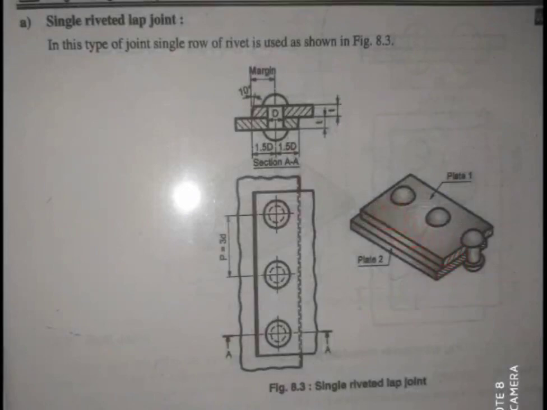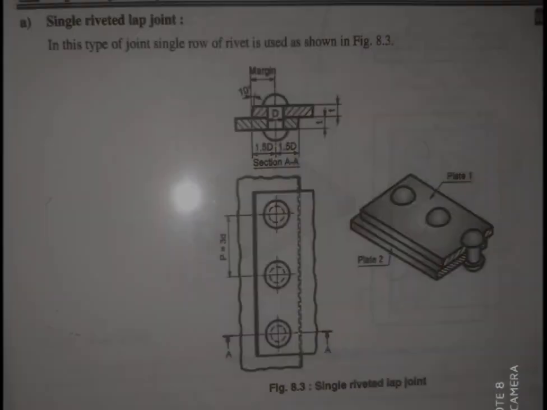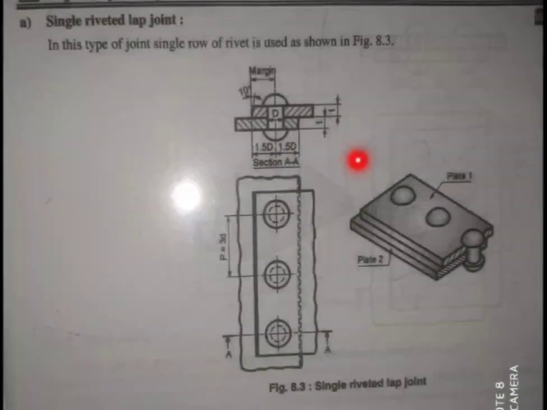As we saw, this is the same word used in welded joints. Now what is the pitch? Pitch is the distance between the centers of two holes, that is, P equals 3D. The section is taken here, so this margin is shown. This is very simple: this is the front view and this is the top view.